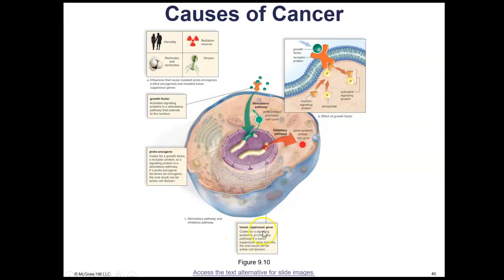And then a tumor suppressor gene codes for a signaling protein in an inhibitory pathway. But if it's mutated, then it will not suppress cell division, and it will lead to uncontrolled cell growth because it's not suppressing it.